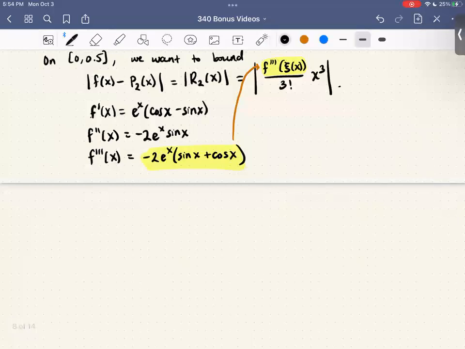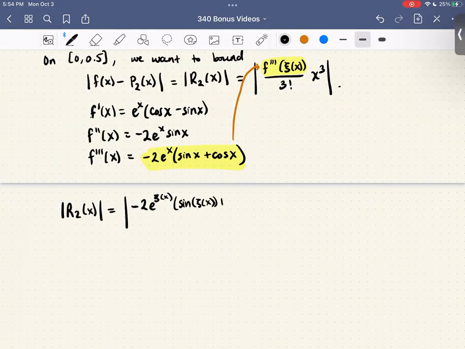So R2 of x now looks like negative 2 e to the c of x times sine of c of x plus cosine of c of x, all over 3 factorial times x cubed.